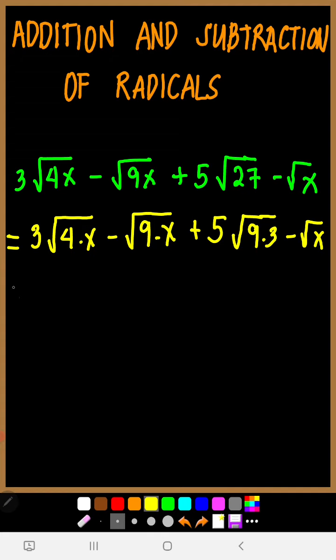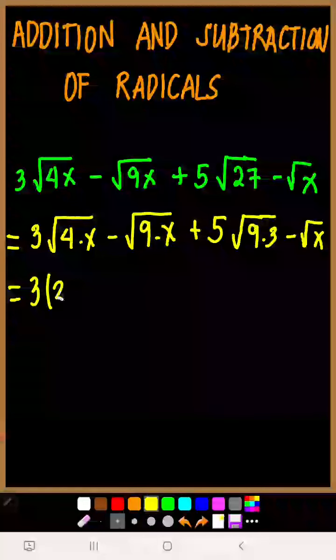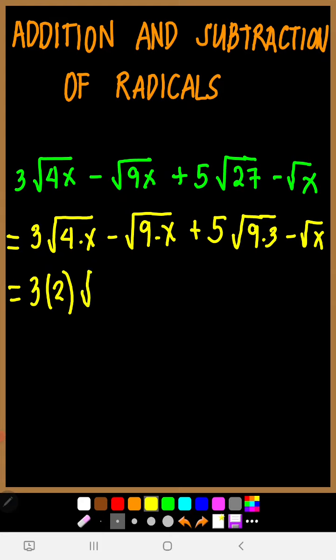Okay. So, ilabas na natin ang pwede nating ilabas or pwede nating i-square root. So, may 3 dito. Ang square root of 4 ay 2. So, times 2. Naiwan sa loob si x. Minus, ang square root of 9 is 3. Naiwan sa loob si x.